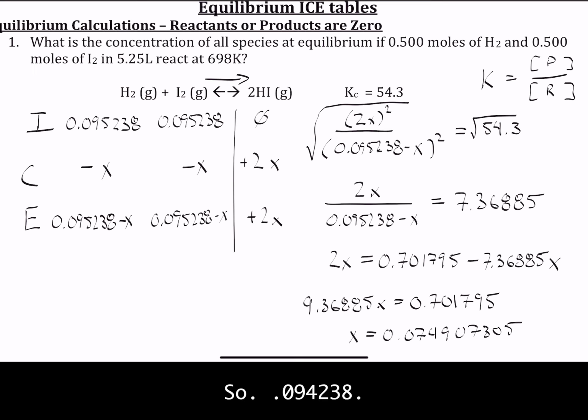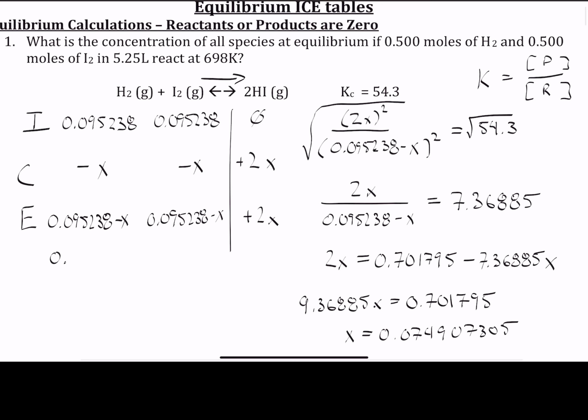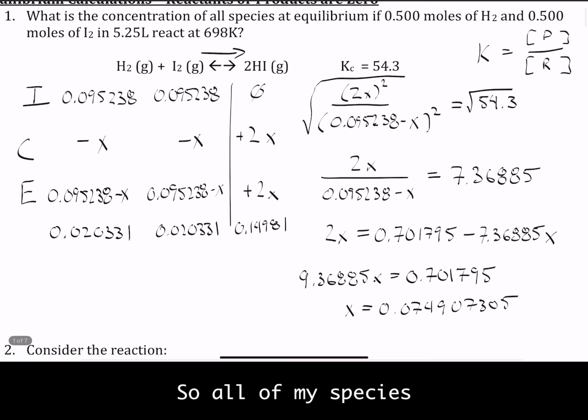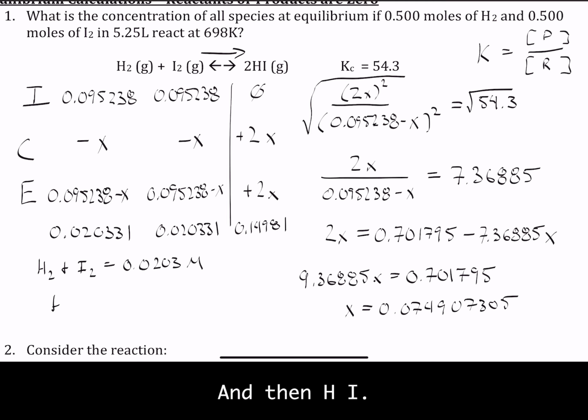So 0.095238, this times 2. So all of my species, H2 and I2 are, and then HI.